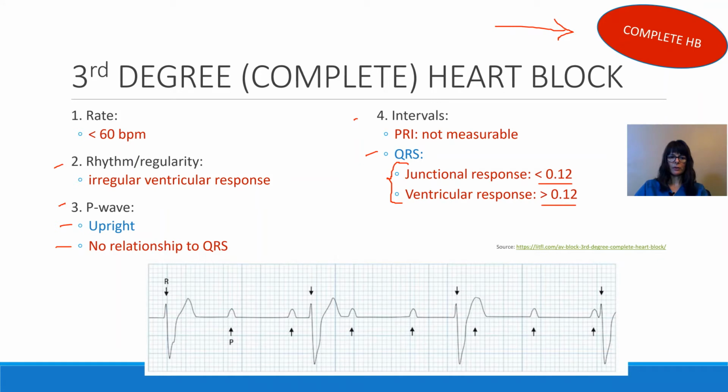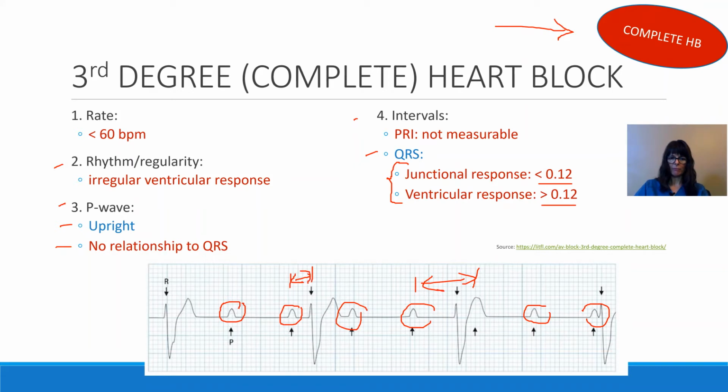Looking at this rhythm strip, we can see the P wave, P wave, P wave, and so forth. But if we really look at the QRS, is there any pattern to it? This P has a QRS following. This QRS follows this P wave, but this distance is completely different than this distance here.